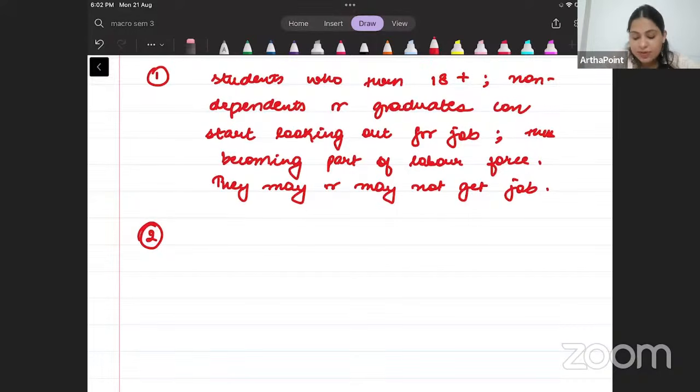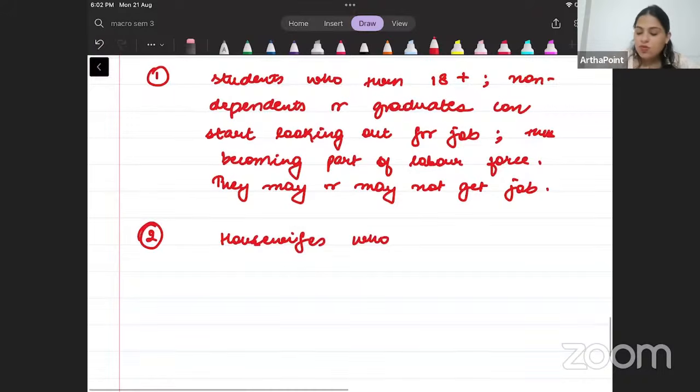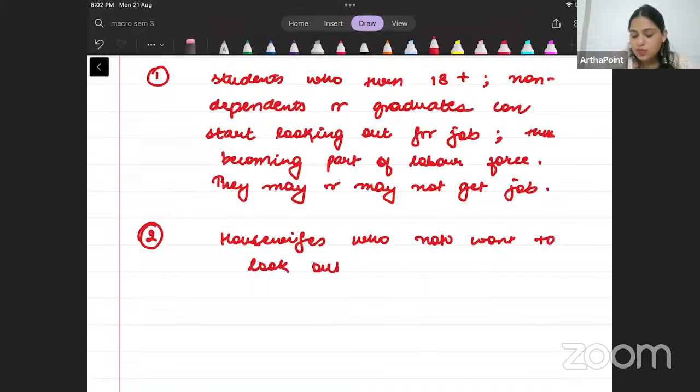This is another example. So housewives who now want to look out for a job. Again, they may or may not get a job, but they're looking out for a job now. So therefore, they're becoming part of the labor force.